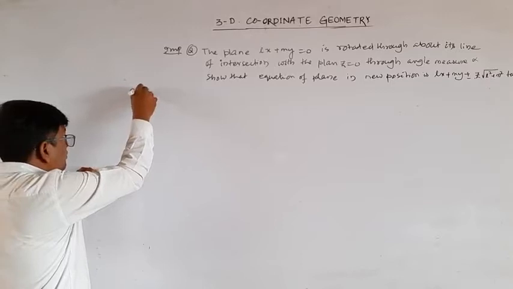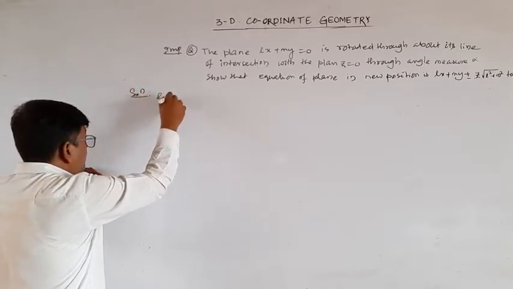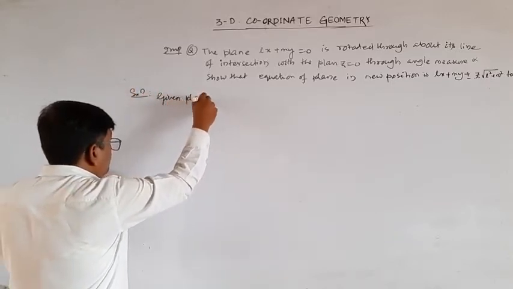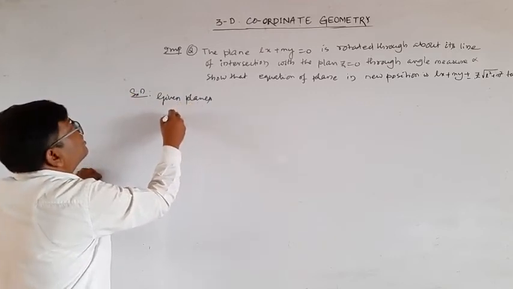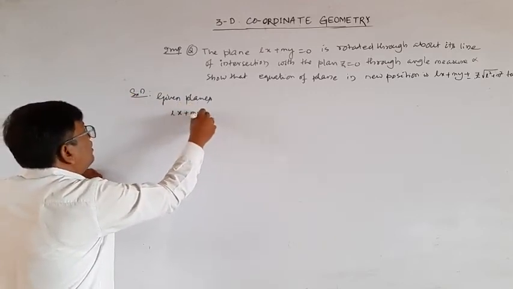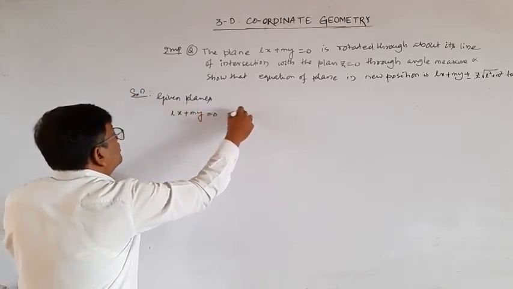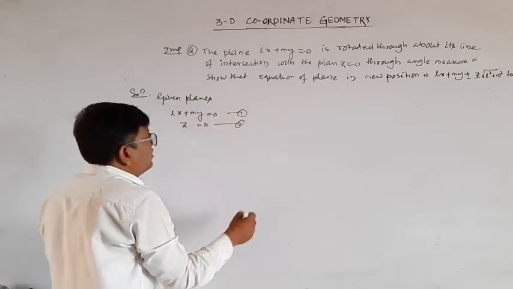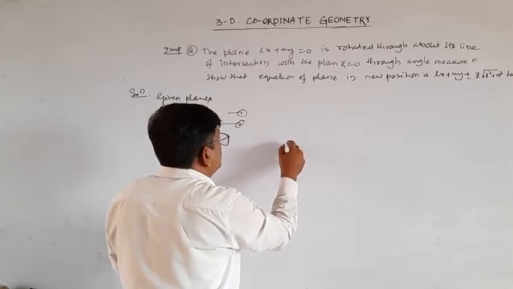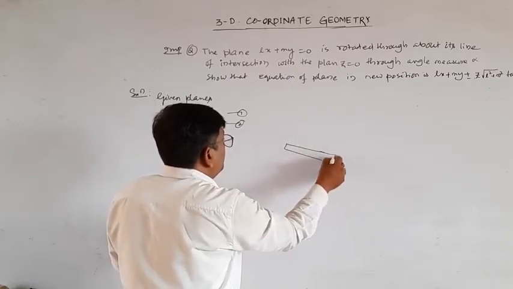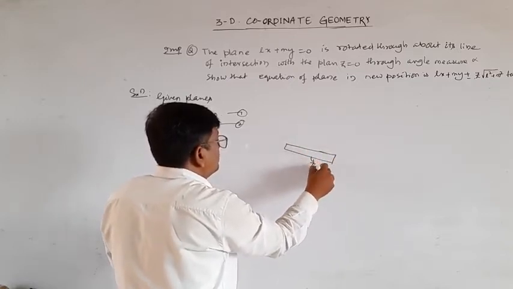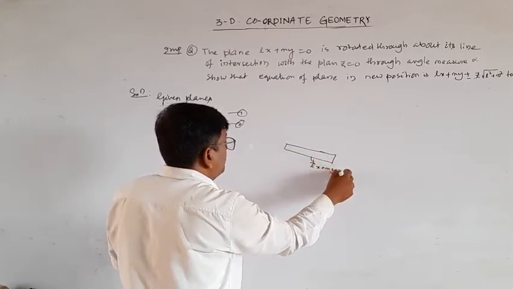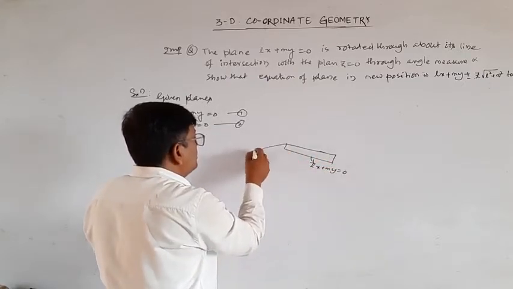Solution. Given planes: number 1 is Lx plus My is equal to 0, equation 1, and Z is equal to 0, equation 2. Suppose this is the plane Lx plus My equal to 0, and suppose this is the Z axis.